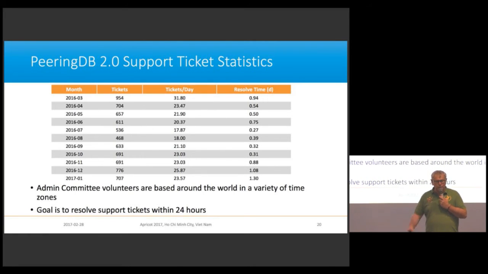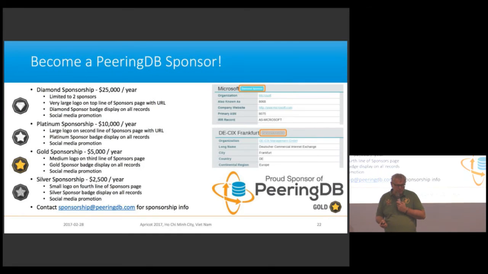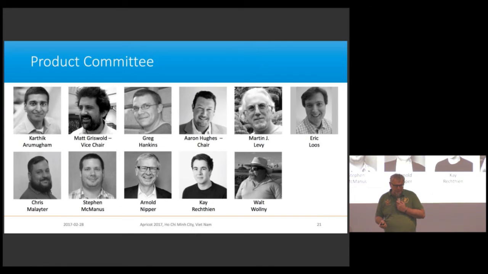And what we try to do is to automate this as much as possible to give you, again, a good response on resolving tickets. Did I show this slide already? Don't know. These are the members of the product committee.